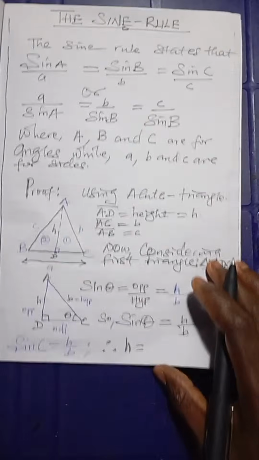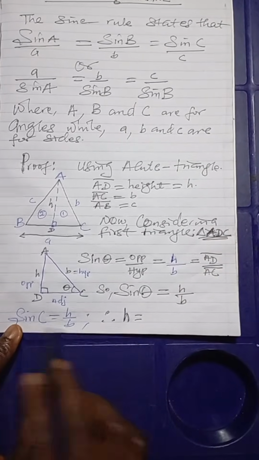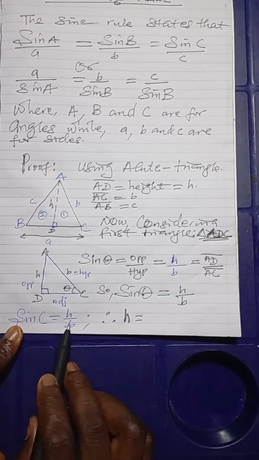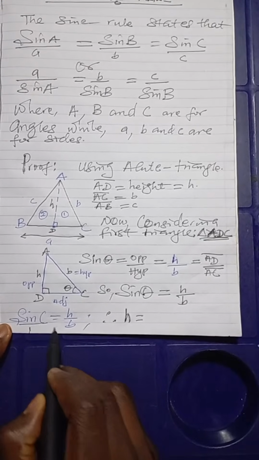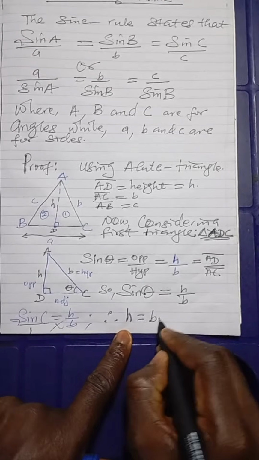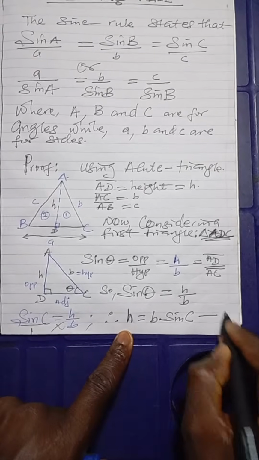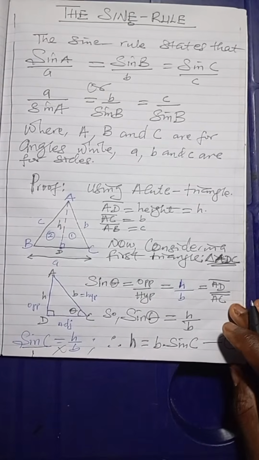Can you see here? Let me bring it up small. So h, the numerator, will be b times sine C, because there is an invisible one here. If you cross multiply, you have that h is equal to b multiplied by sine capital C. Let's call this equation 1. So we have equation 1 now. Let's proceed.